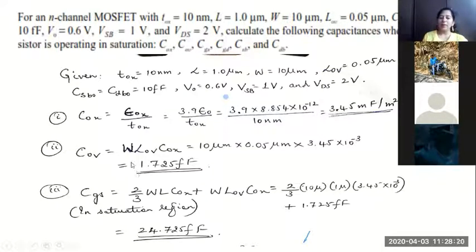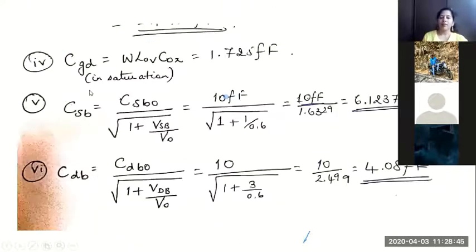When compared to COV, CGS is surely larger. It is 24.725 femtofarad. Okay. So please remember to do this. In the saturation region, the value of CGS will not be just 2/3 WL COX, but to that we should add this COV also, the overlap capacitance.